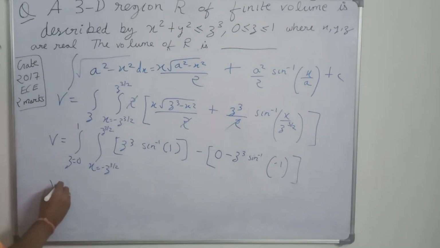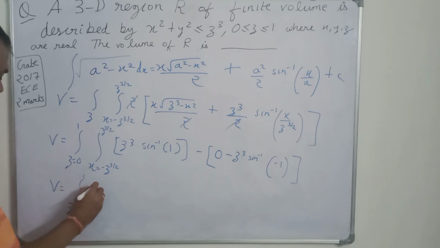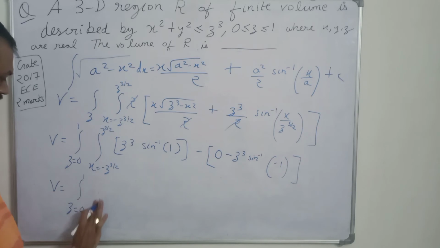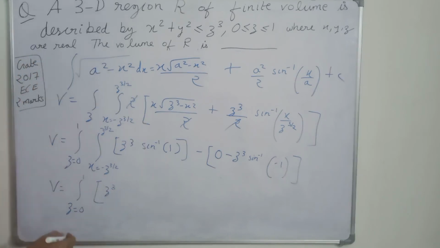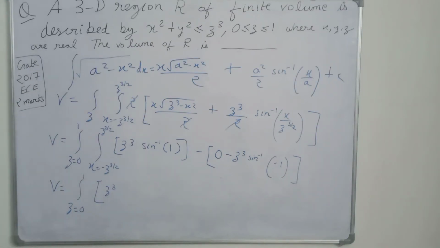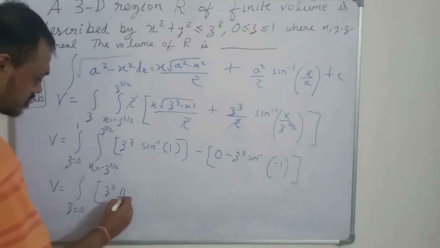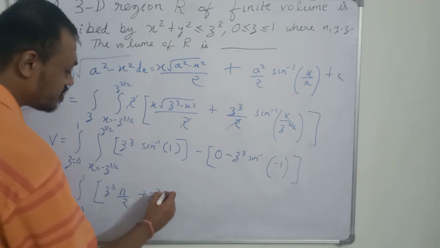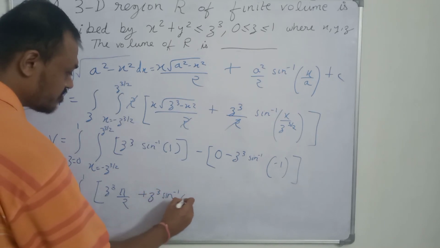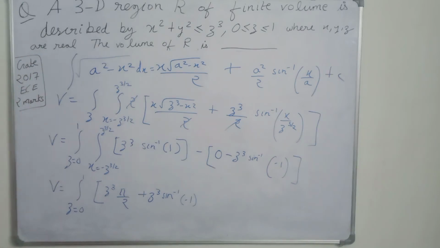So volume will be equal to integral of z from 0 to 1, z cube. Now sine inverse of 1 is pi by 2, plus z cube sine inverse of minus 1.